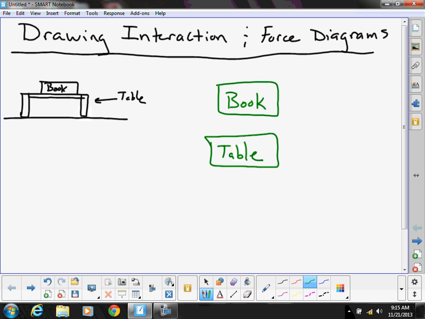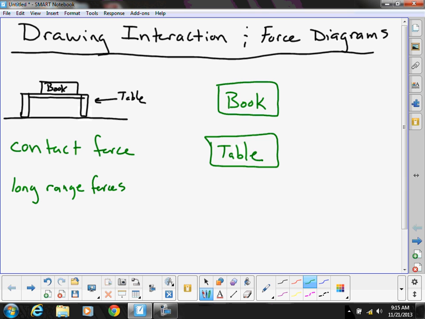Okay, there's different types of forces. One type of force is a contact force. A contact force occurs when you have two objects that are in physical contact with one another. But there's also long range forces. Long range forces are forces that are exerted between objects that are not in physical contact.